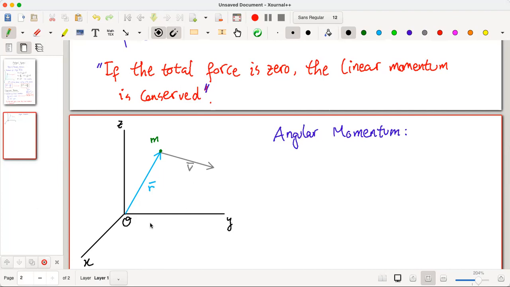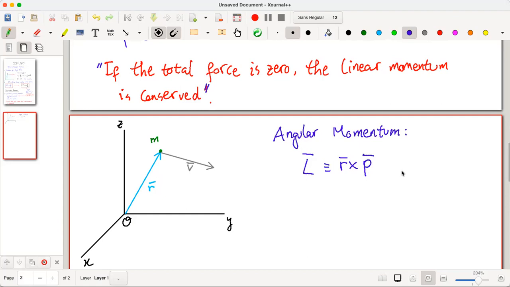Okay. So the angular momentum with respect to this point O is defined with the notation L, and this is a vector. Why is it a vector? Because it is defined as the cross product between the arm of the moment, in other words the position vector, and the linear momentum.